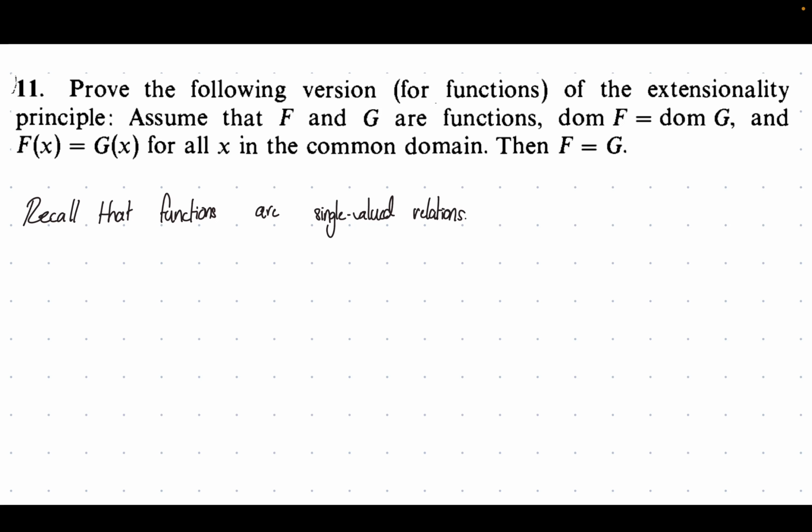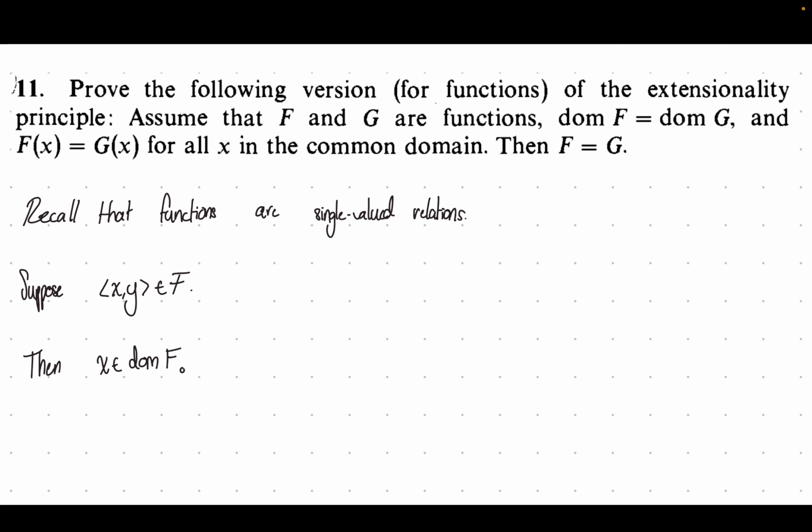Okay, so now suppose x comma y is in f. Then x is going to be in the domain of f. I hope that by this point I don't have to justify that too much.